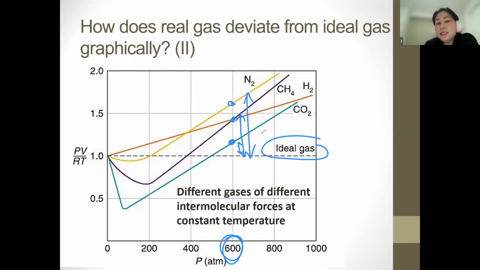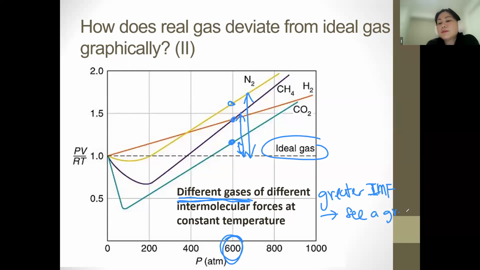The key thing affecting the deviation here is that different gases have different strengths of intermolecular force. For those gases that have greater intermolecular force, you will see a greater deviation from the ideal gas line.